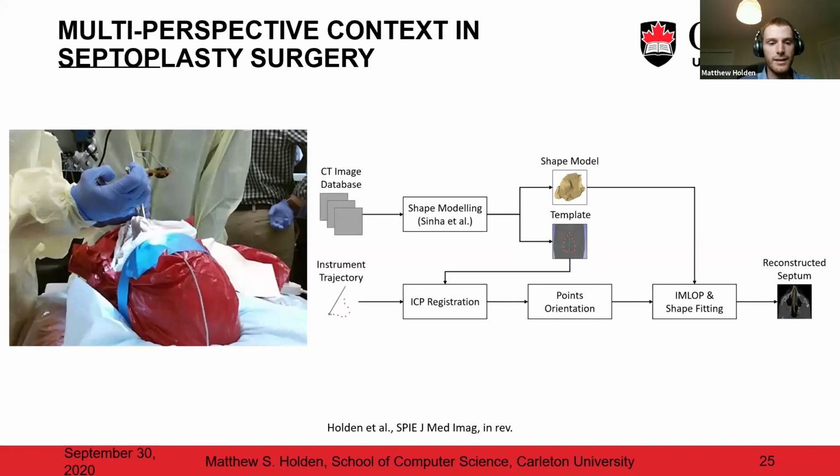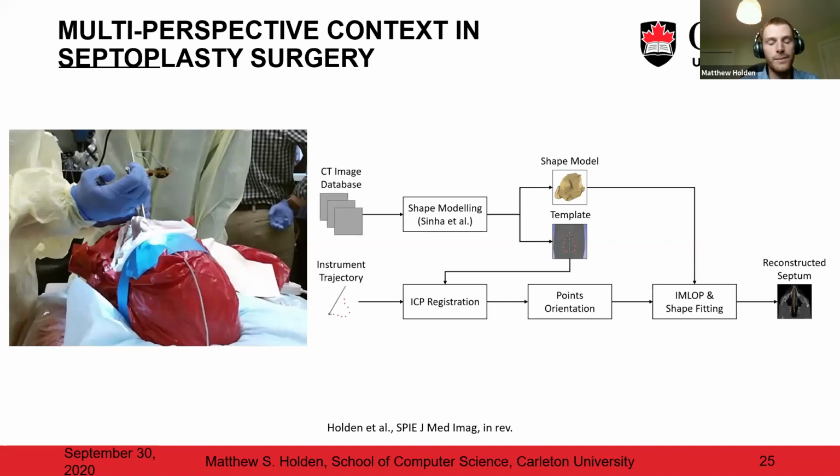So septoplasty surgery is a surgery where we wish to correct the deviated septum, the septum being the cartilage between the two sides of the nose, separating them. So septoplasty surgery aims to correct this deviation. But in order to correct the deviation, we need to have some model of what the septum looks like.